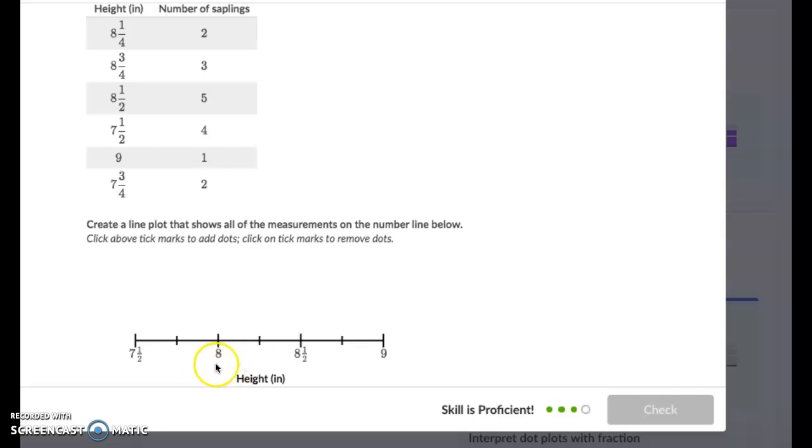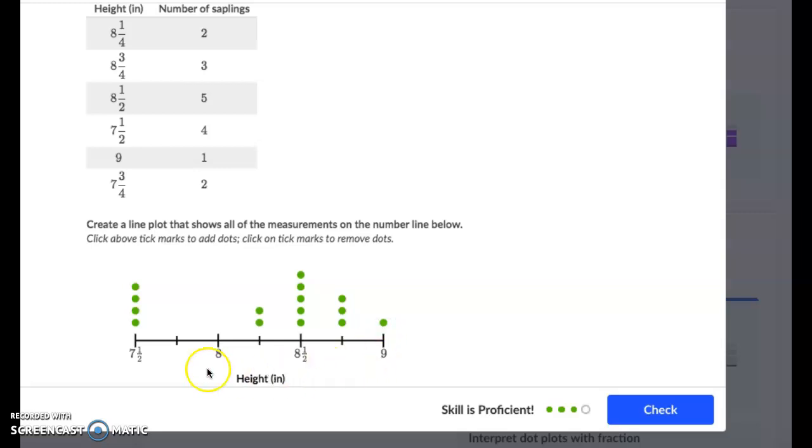So 8 1/4, and I need 2 dots there because of my 2 up here. 8 3/4 is going to be 8, 1/4, 2/4, 3/4. I need 3 dots. 8 1/2, we need 5. 7 1/2, we need 4. 9, we need 1.